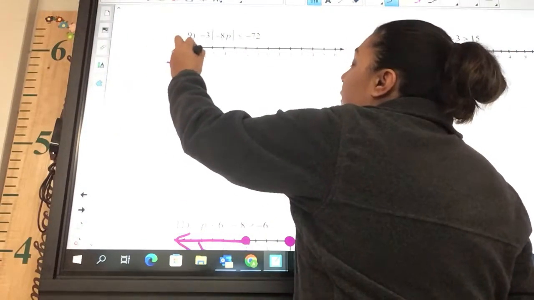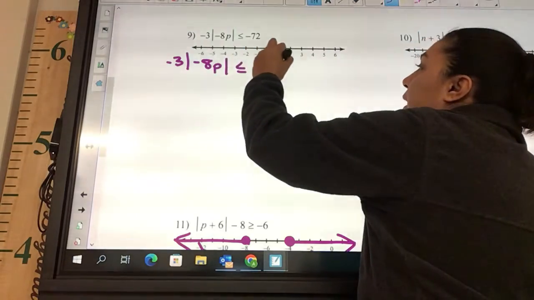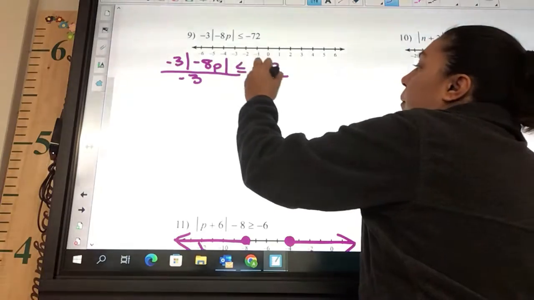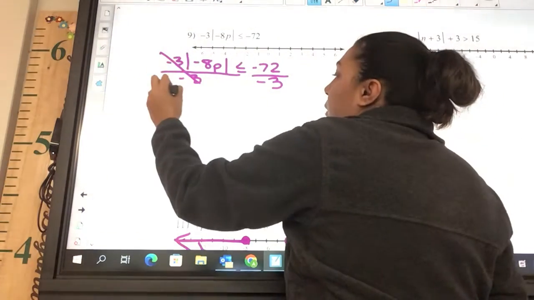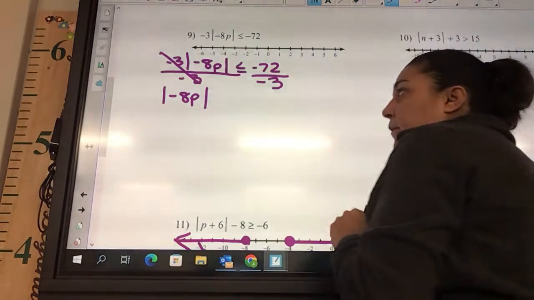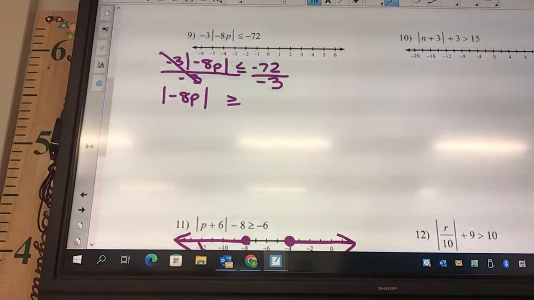So to move it, what's the opposite of times? Divide. Okay, so our first step is going to be to divide by negative 3. Again, what happens when we divide by a negative? We need to flip our sign. Okay, what is negative 72 divided by negative 3?